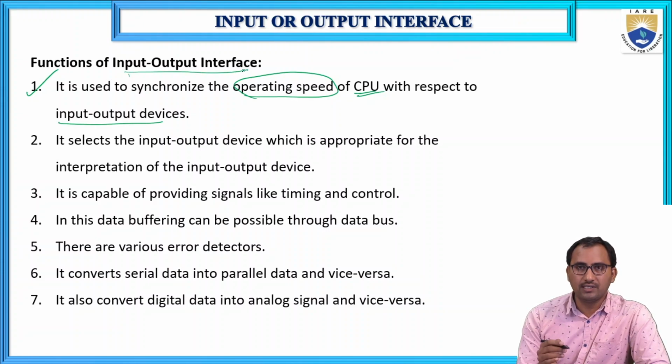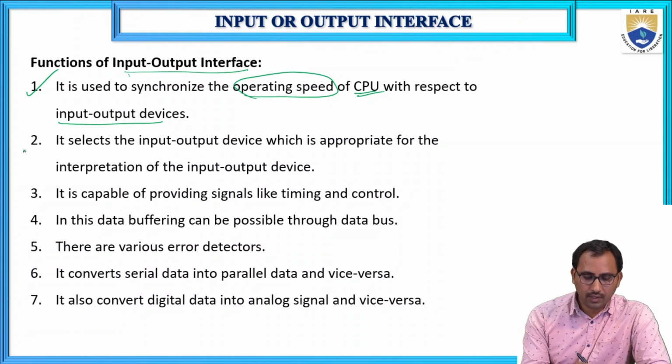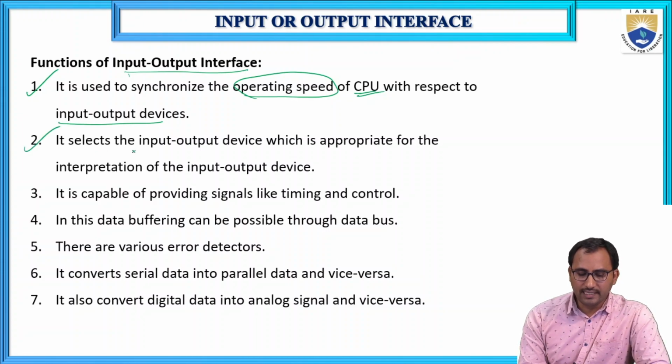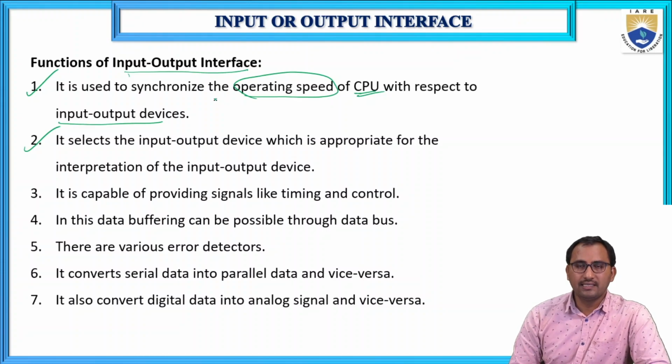So in order to synchronize their operating speeds between the CPU and the IO device, we are using an IO interfacing circuit. And the second one, it selects the input-output device which is appropriate for the interpretation. This IO interface has some address decoding logic.